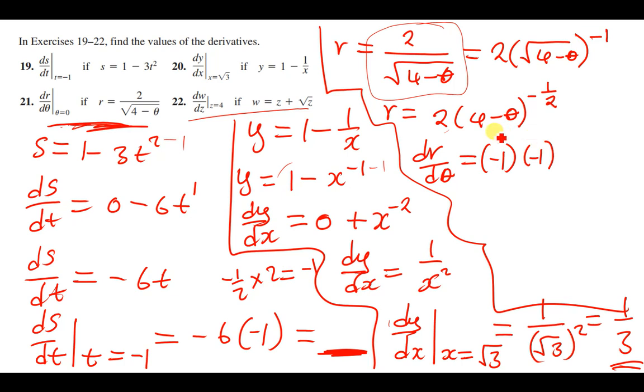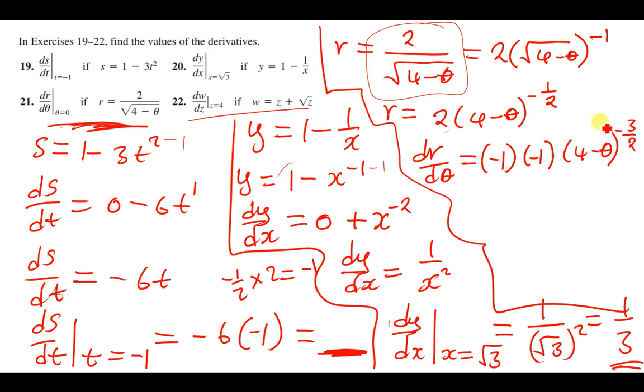And then from there, I'm going to write the whole expression, open brackets 4 minus theta, raised to the power. For this half, I'm going to subtract 1 from the power. So negative half minus 1, the answer I'm going to get is simply negative 3 over 2.